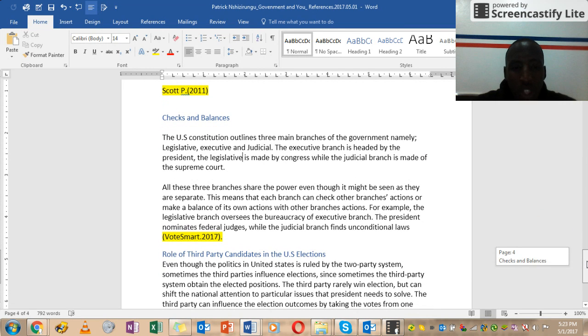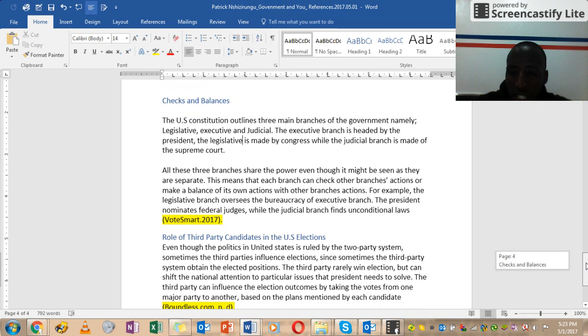As said, all three branches share the power, even though they might be seen as separate. This means that each branch can check the other branches' actions and balance its own actions in relation to the other branches.